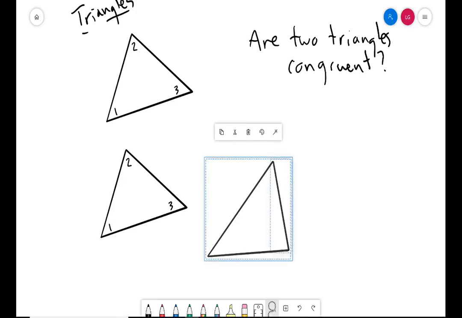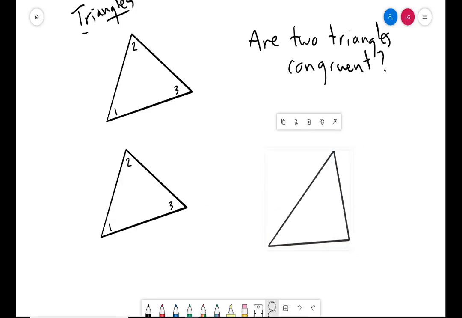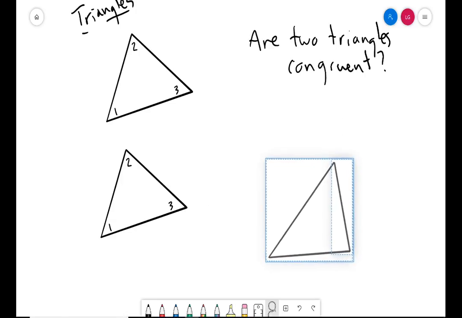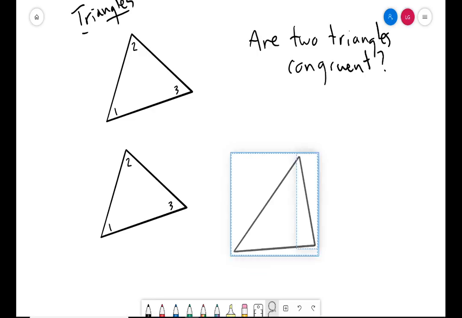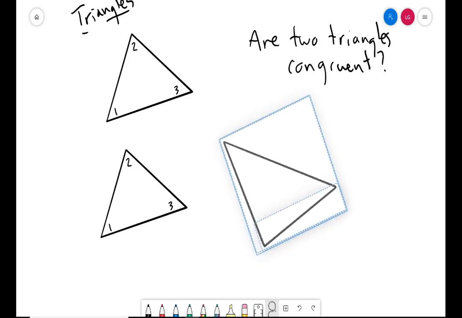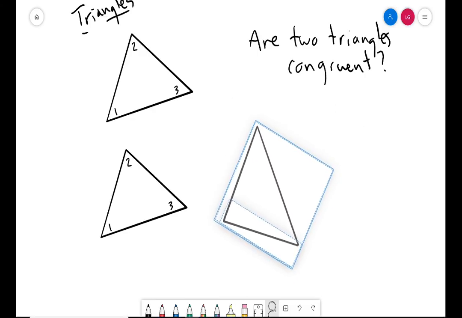This is why being able to rotate was very critical to this work.